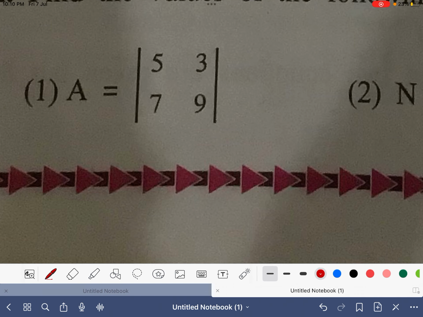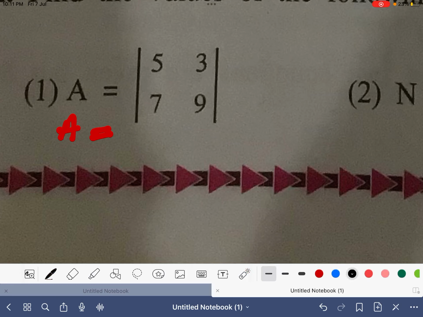So determinant A is equal to, what is the target? Multiply 5 with 9 and 7 with 3. So take a cross multiplication.